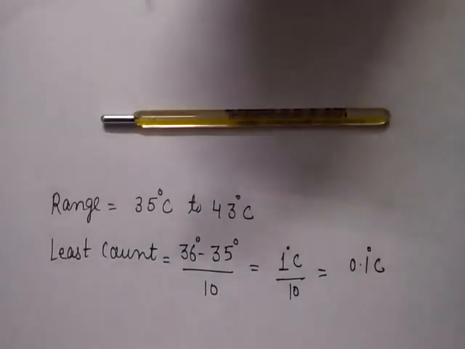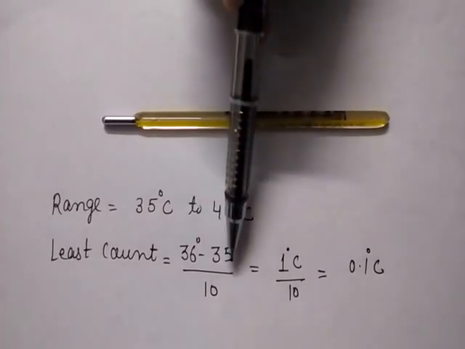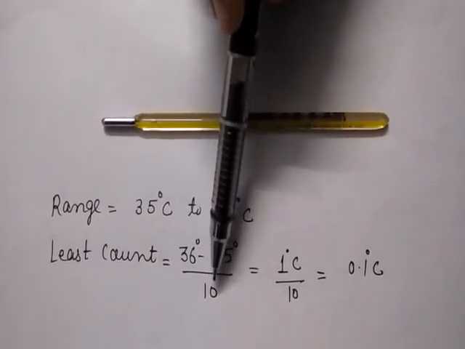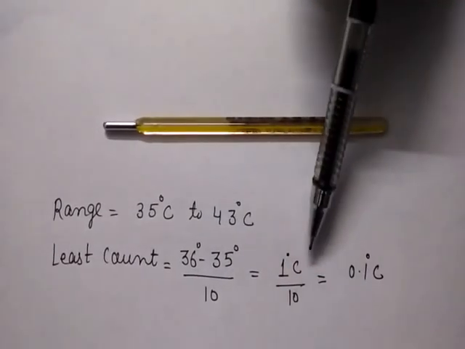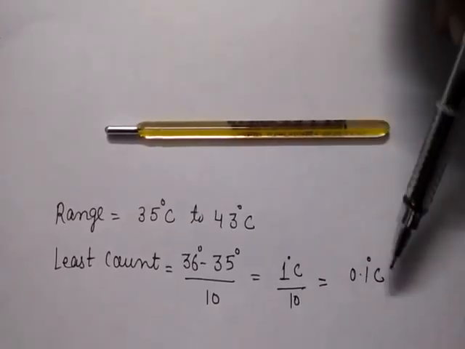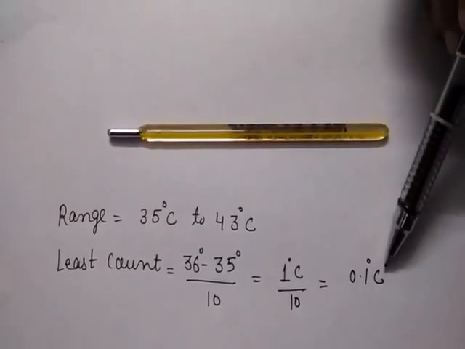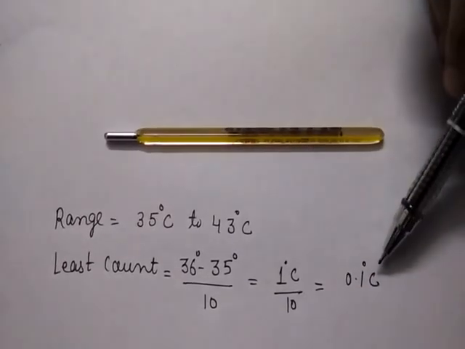So we have subtracted the two marked readings and divided by the number of divisions: 36 minus 35 divided by 10 is equal to 1 divided by 10, which is equal to 0.1 degrees Celsius.